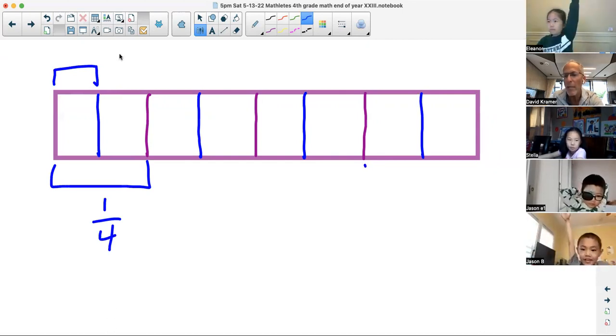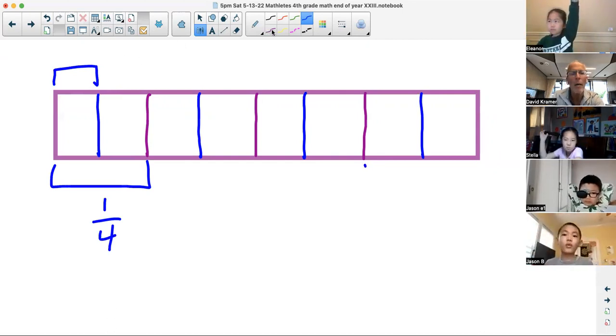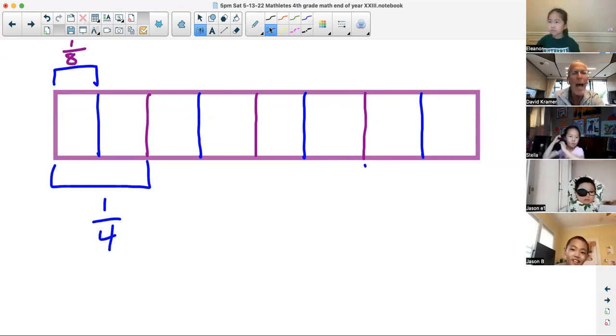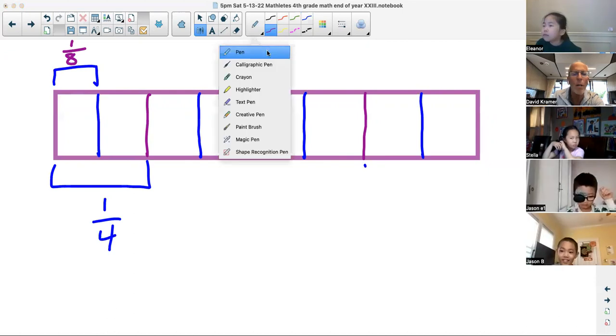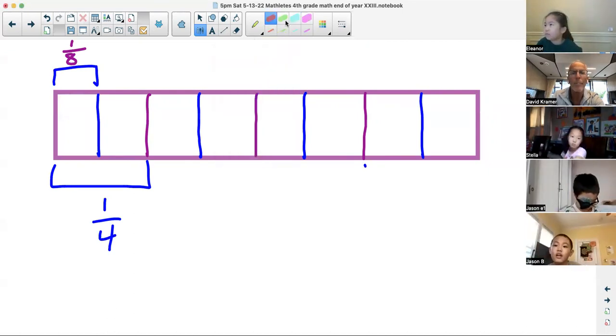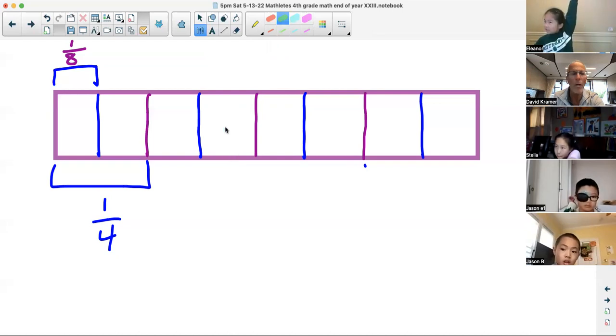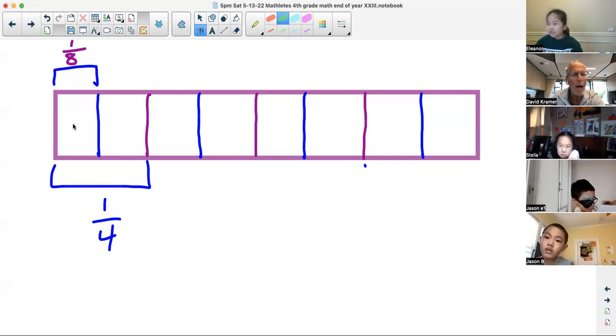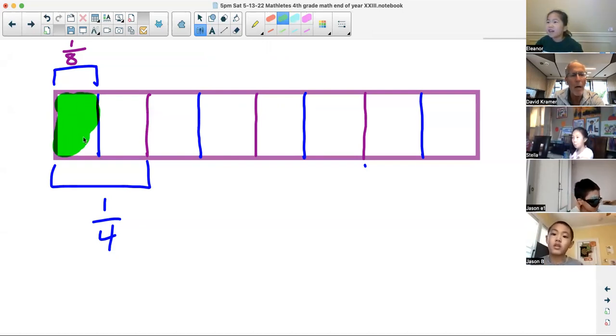Raise your hand. Jason B? 1/8 of the whole. That's right. And if I wanted to color in 3/8 of the whole, how would I do that? Eleanor. Color until the blue line. How many of these eighths? 1.